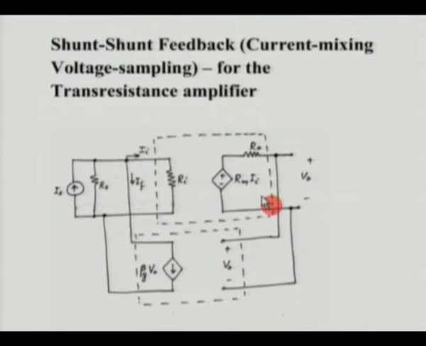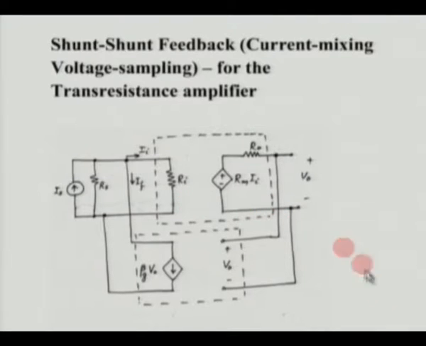Coming to the last one, we have the detailed diagram here, the transresistance amplifier. Here, the input is a current and the output is a voltage, and as we said, ideally, the input being a current, this Ri should have been 0. By connecting a shunt connection here, we are going towards that. If the previous input resistance is Ri, the one with feedback would be Ri divided by 1 plus A beta.